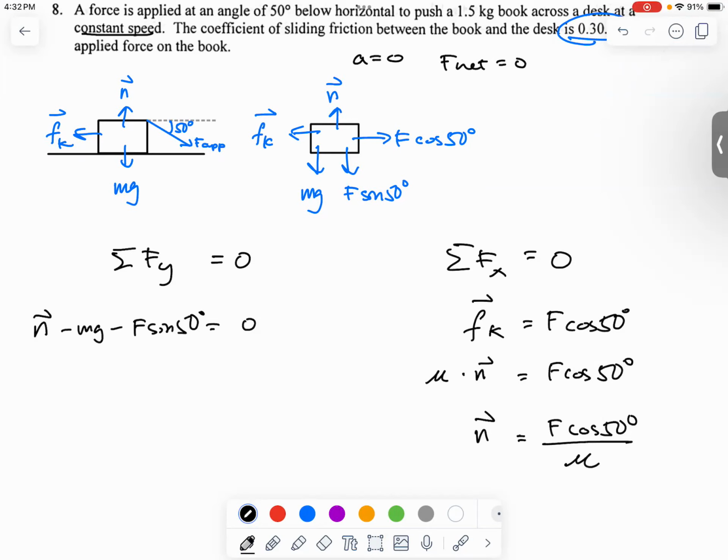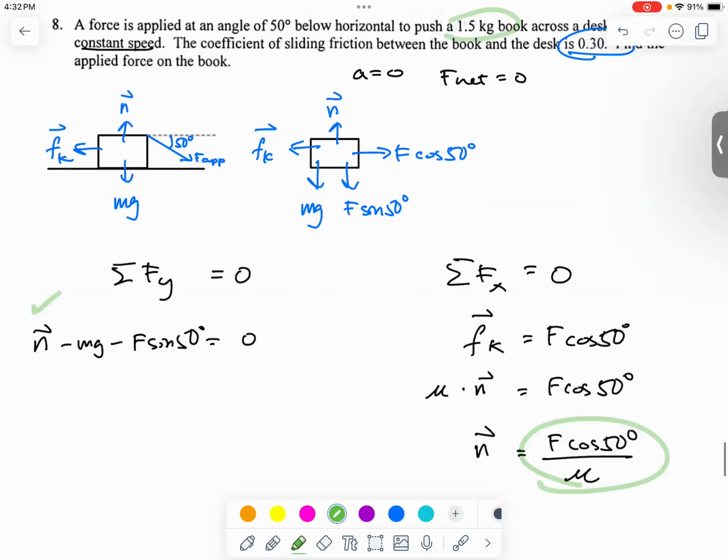Because normal force can be expressed as F cosine 50 degrees divided by mu. That means I can replace this normal force on the left with this expression, and F is the only unknown.